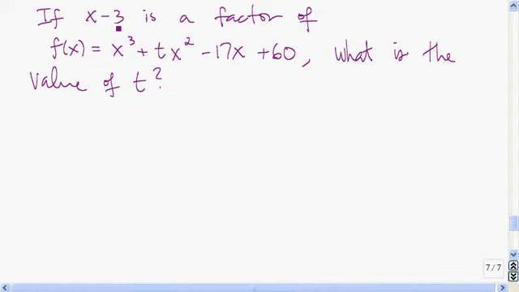Okay, here suppose we know that x minus 3 is a factor of f of x equals x cubed plus some number t times x squared minus 17x plus 60. We want to find the value of t. Well, I know from a theorem that x minus k is a factor of f of x if and only if f of k equals 0.